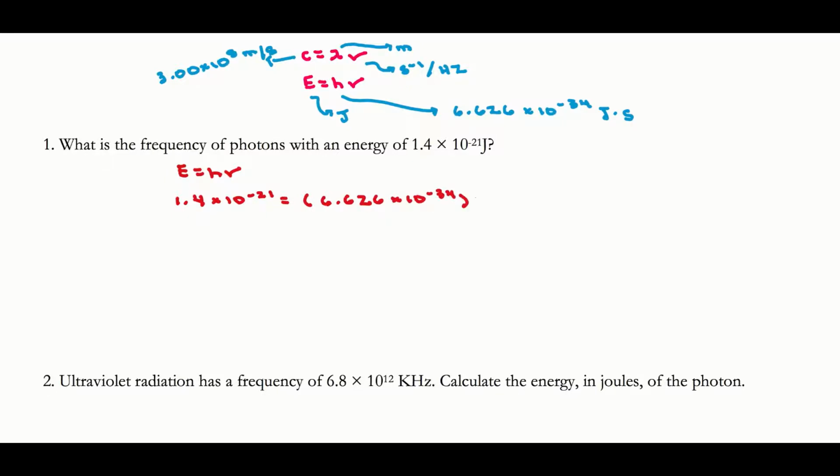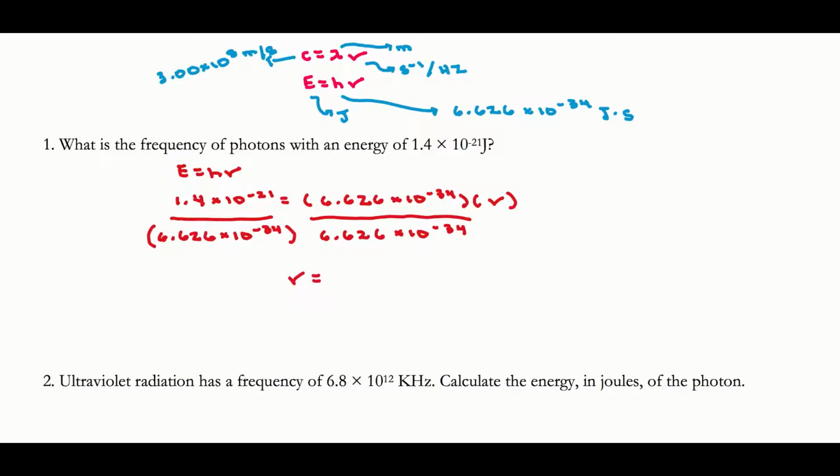Okay? So what I'm going to do is divide both sides by Planck's constant. Make sure when you're dividing in your calculator to put Planck's constant in parentheses. So now I can solve for my frequency. And the value that I get unrounded is 2.1129 times 10 to the 12th.